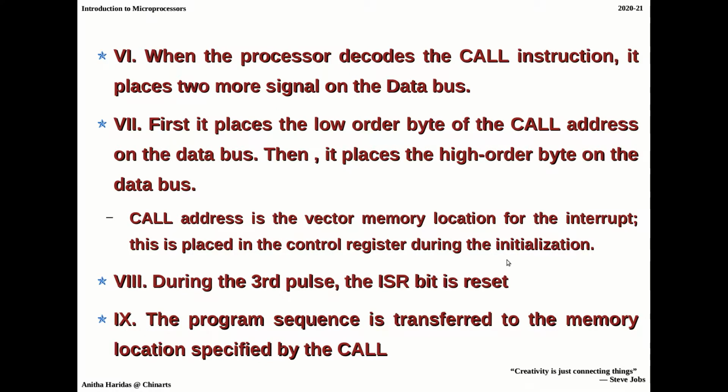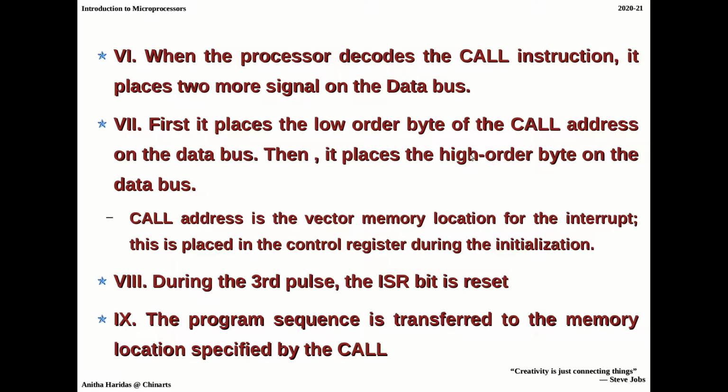In the initialization command word, the address of the interrupt service routine will be placed. In the first clock pulse, it will place the low order byte. Then in the next clock pulse, it will place the high order byte.